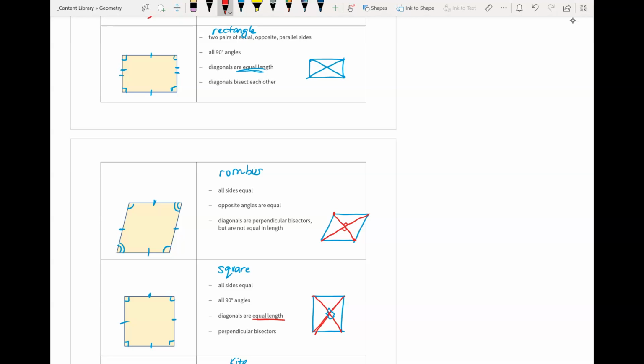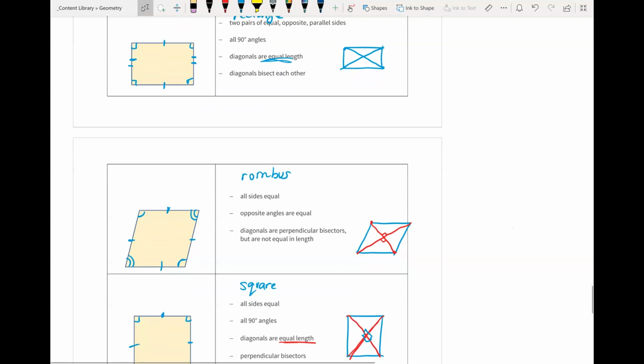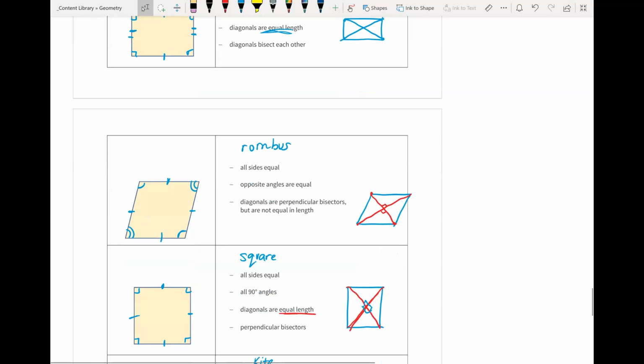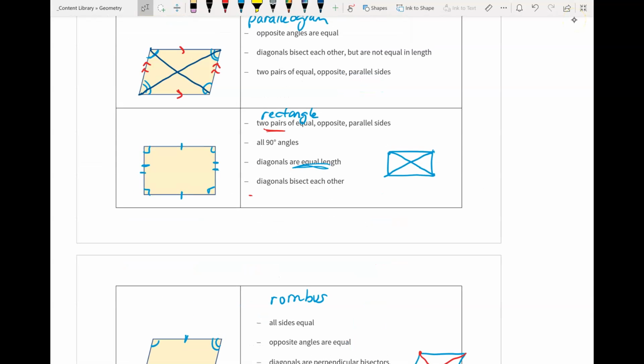Your diagonals are still equal in length. You still have 90-degree angles, and you still have bisected diagonals. So a rectangle can't be a square because a rectangle will never have all equal sides. So I'm going to add this in the notes that a square is a special rectangle.